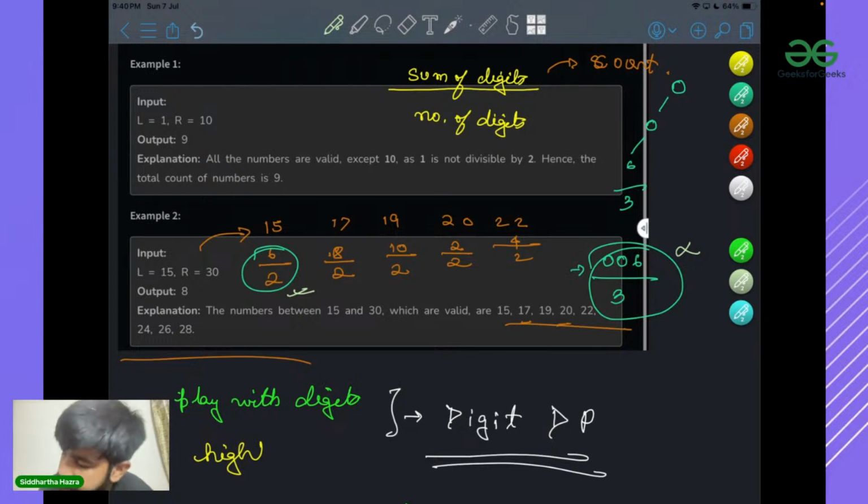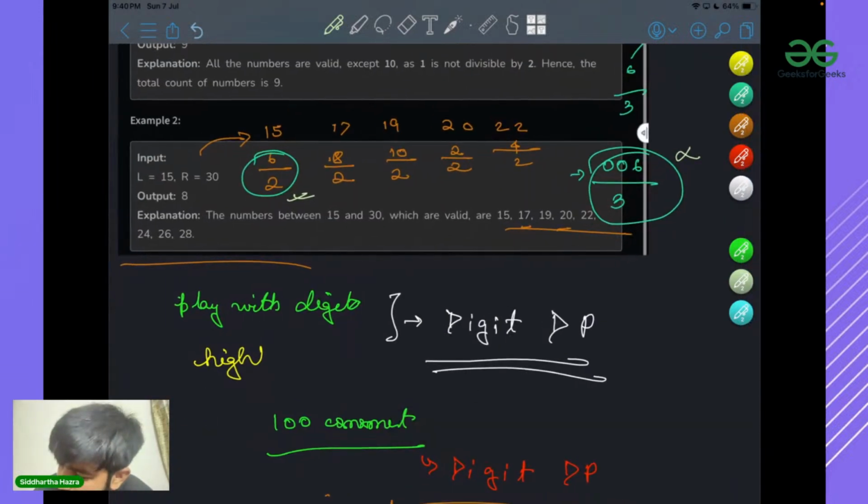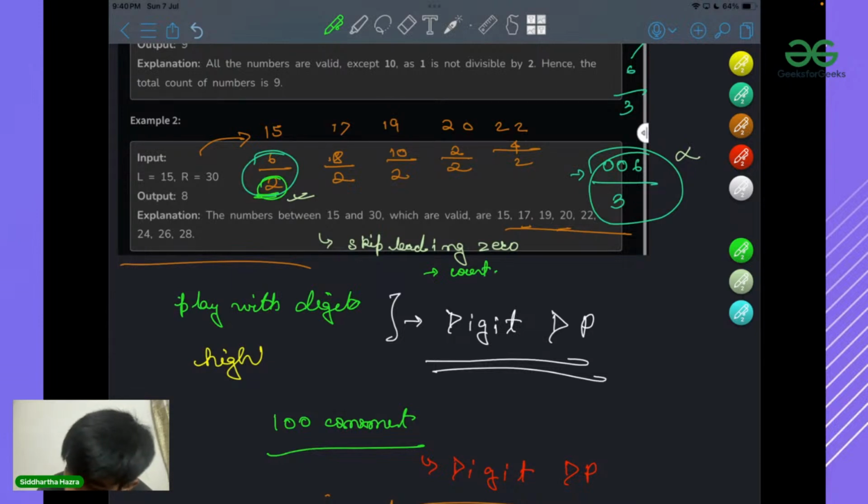So basically, what we can understand from here is that we need to skip leading zeros. Skip the leading zeros in the count of the numbers. The count of the numbers should also be correct, while the sum of the digits won't be affected. The sum of 006 is the same as 06. So we need to skip the leading zeros.